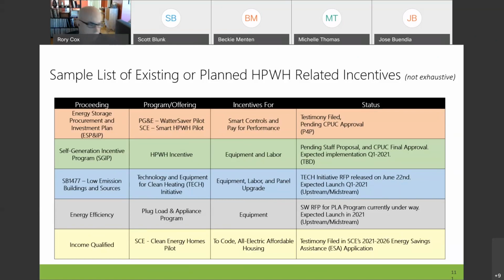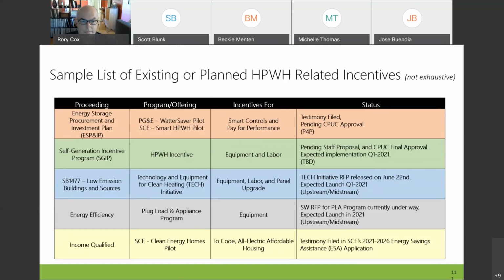And then we have PG&E's and SCE's smart control programs, the water saver and our smart heat pump water heater. PG&E is further ahead and will likely implement a lot sooner, hopefully before end of the year. We're still in the application testimony phase, so we probably won't see our program launch until 2022. But again, it just goes to illustrate the number of different programs touching these same technologies.